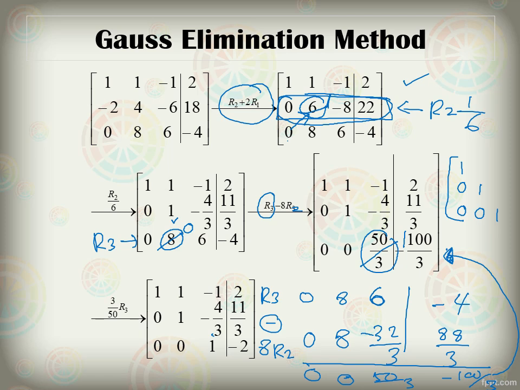Now this diagonal element also has reduced to 1 here, 1 here, and we need this to be 1 as well. So to reduce an element to 1, just multiply the scalar to that row. Okay, so the element in row 3 we multiply with 3 over 50. So it will reduce the matrix to this.